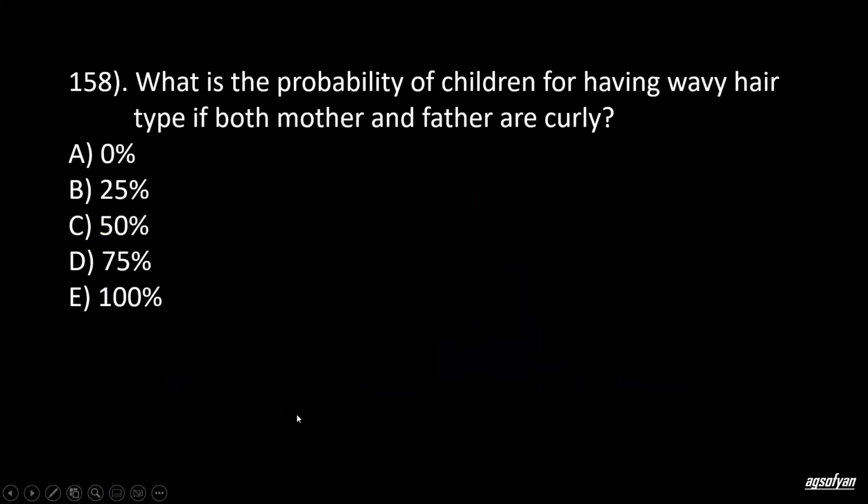What is the probability of children having wavy hair type if both mother and father are curly? 0%, 25%, 50%, 75%, or 100%.